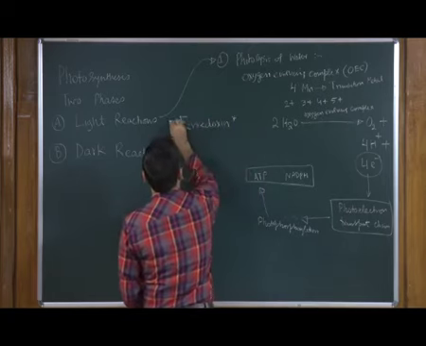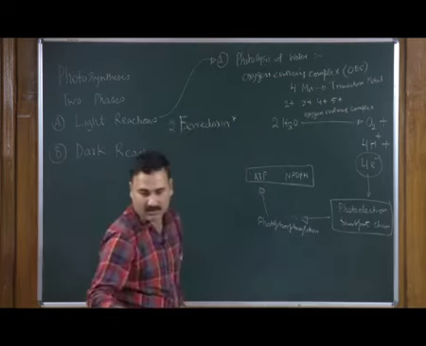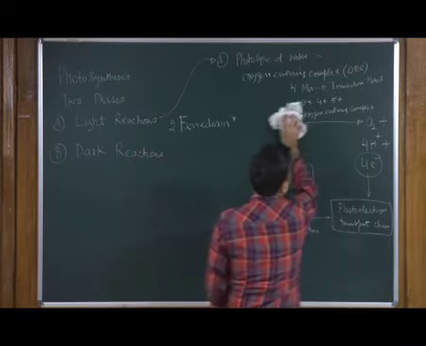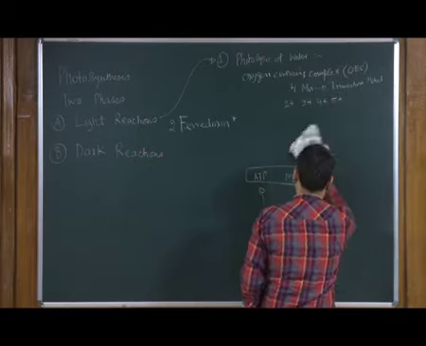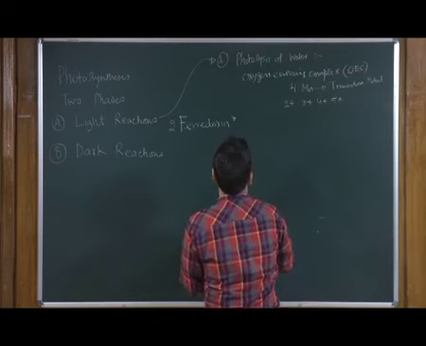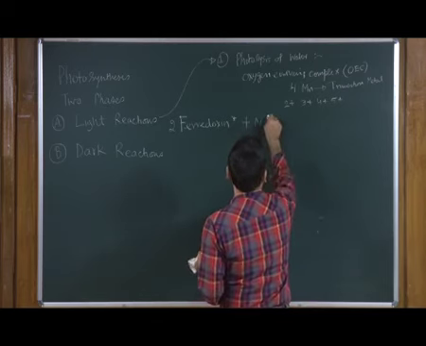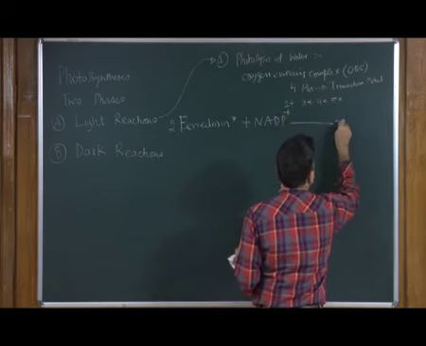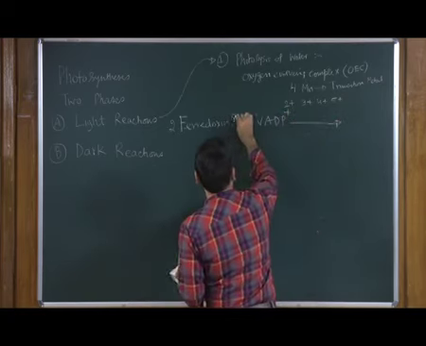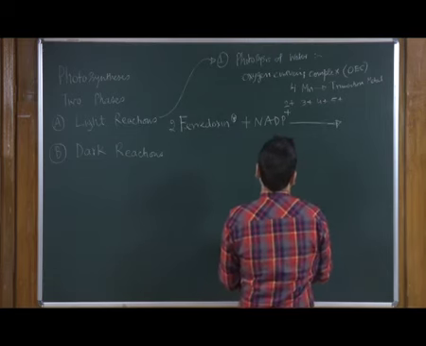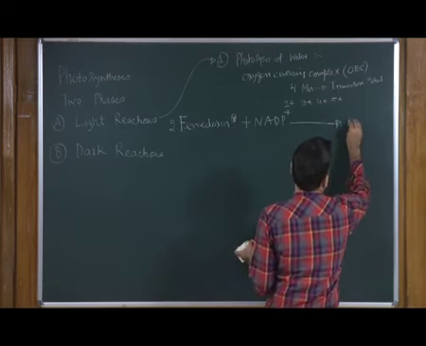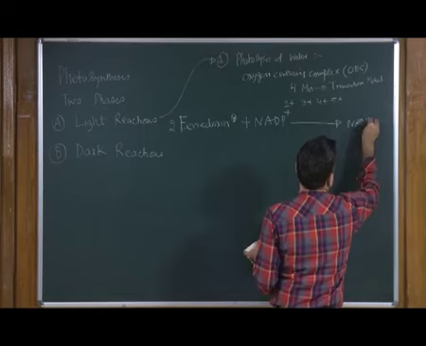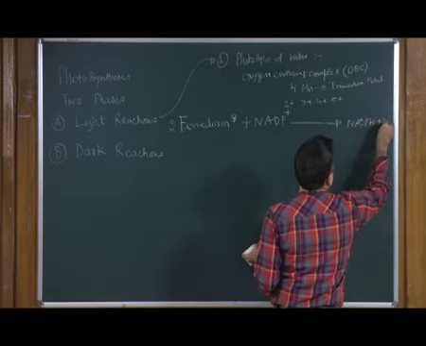Ferredoxin, 2 molecules of ferredoxin, so these are the electrons, and NADP plus then gets converted into NADPH plus H plus.